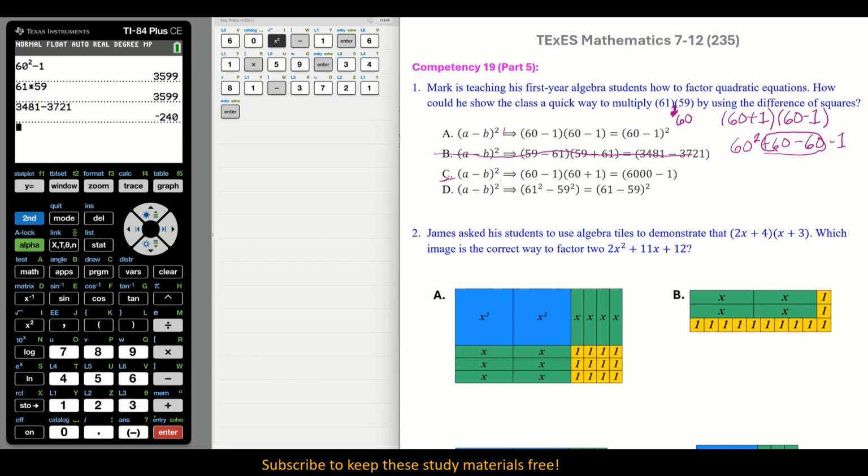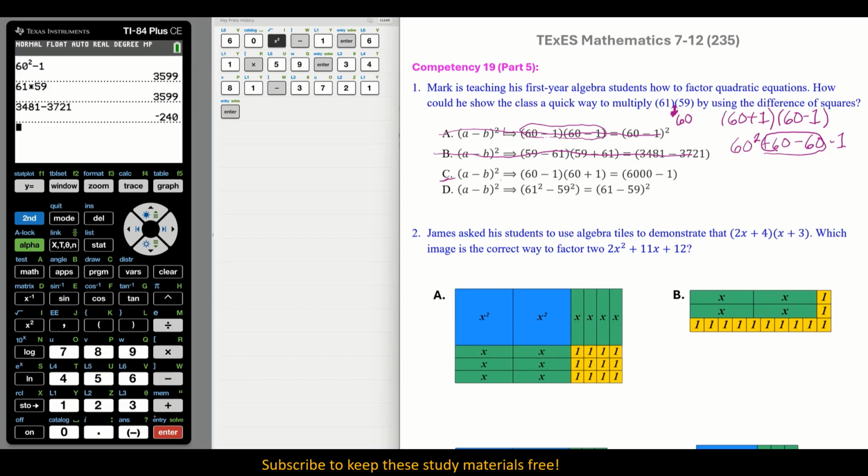And then A doesn't make sense because this 61 minus 61 squared won't work either. If you've worked with the difference of squares, you know that is not how it lays out. It's not going to factor or multiply back together like that at all.